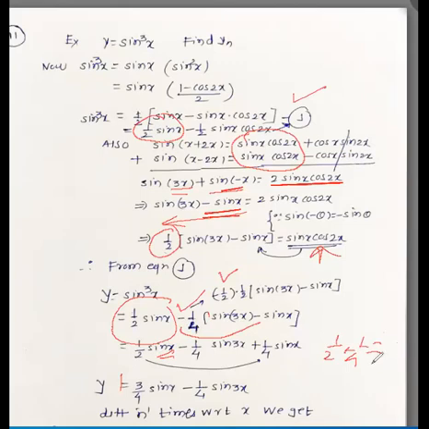Make it 4. So it is 2 multiplied by 2, 2 upon 4 plus 1 upon 4, that is 3 by 4. So this is 3 by 4 sin x, and minus 1 upon 4 sin 3x.